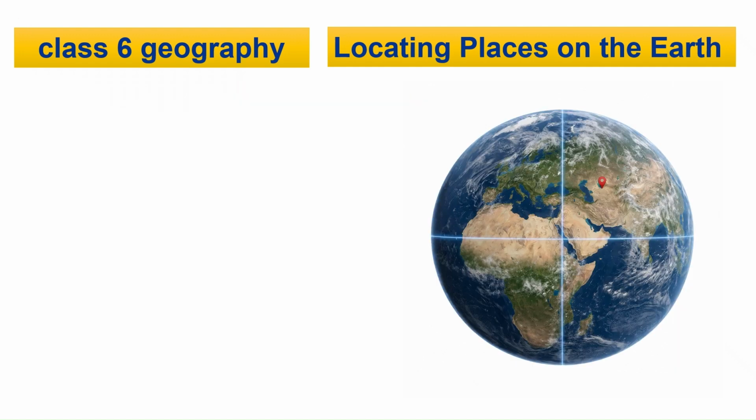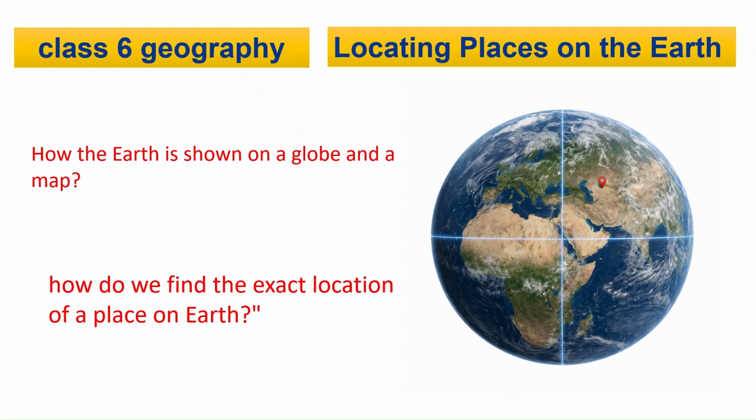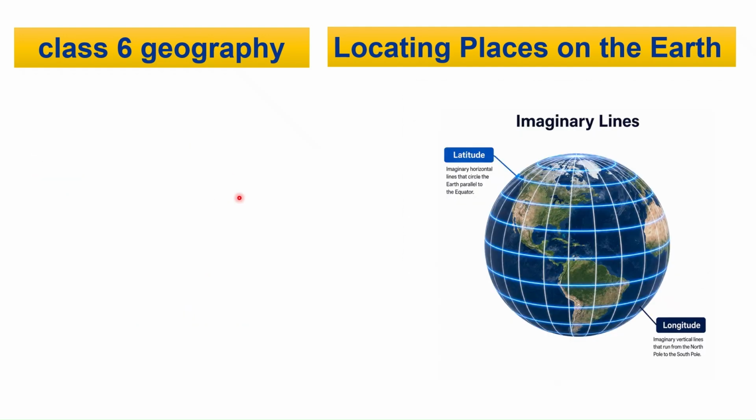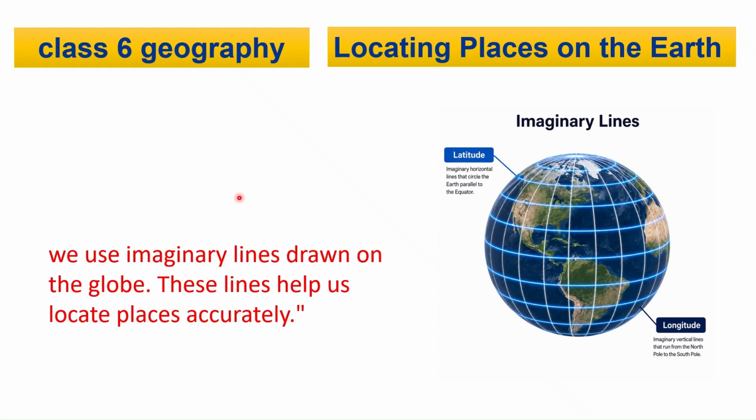Now that we know how the earth is shown on a globe and a map, a new question comes to mind: how do we find the exact location of a place on earth? To answer this question, we use imaginary lines drawn on the globe.